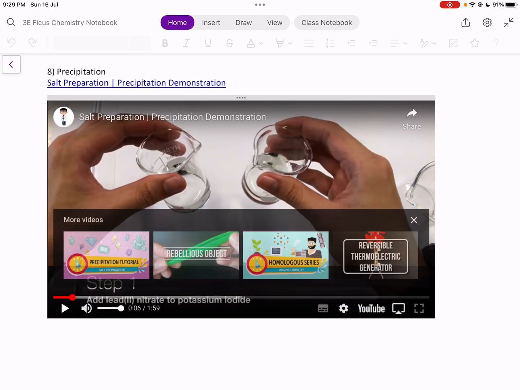So he's trying to add lead-2 nitrate to potassium iodide. So in this case, think about what kind of salt he's trying to prepare. He's actually trying to prepare lead-2 iodide, which is the yellow precipitate that you see. It looks like paint, but it's actually a yellow solid.